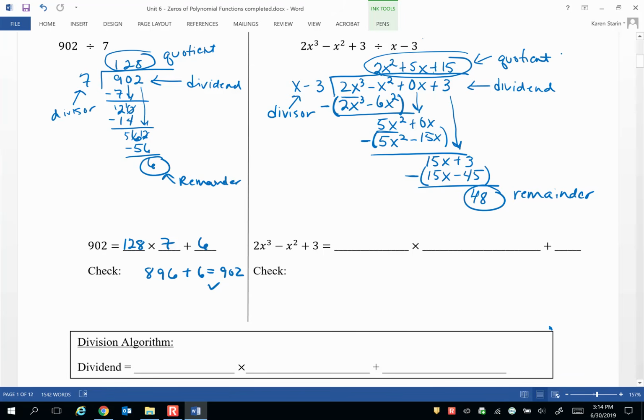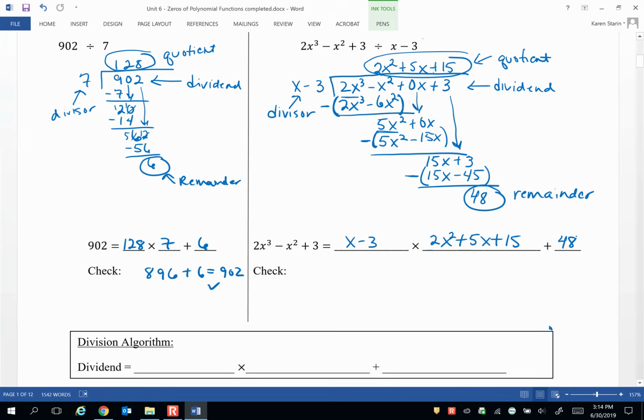We would do the check the same way that we did it with the numbers on the left. We would say that 2x cubed minus x squared plus 3 equals x minus 3, the divisor, times the quotient, which is 2x squared plus 5x plus 15, plus the remainder.